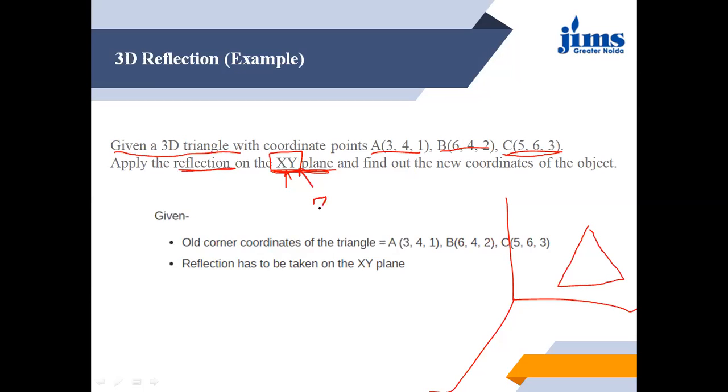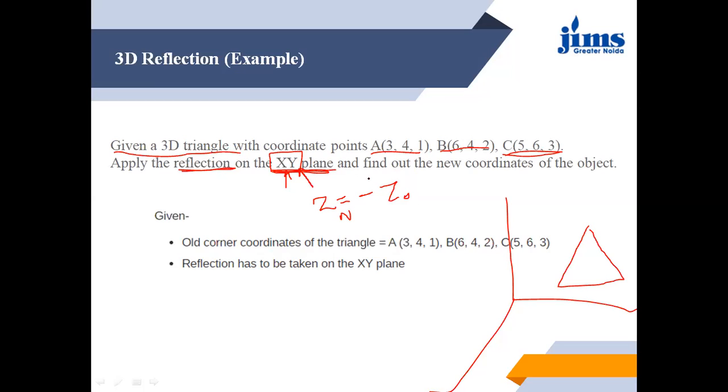So only the value of z is going to be changed, and that will be the negative of the earlier one. Suppose this is z old and this is z new. Only this change will be implemented when we solve this question.